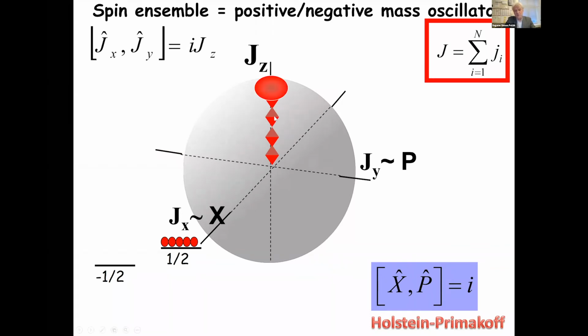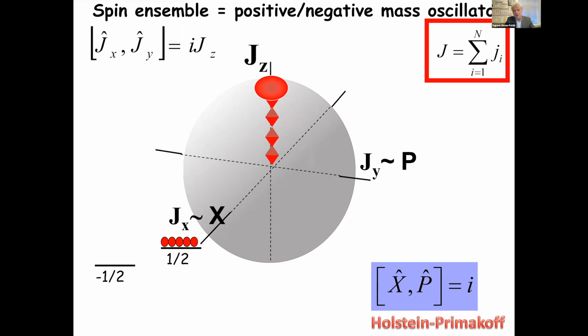And according to quantum mechanics, if I have this kind of commutator, the minimal uncertainty of the direction of this macroscopic spin will be something like the square root of the number of atoms times 1/2. So if this is, let's say, 10 to the 12 atoms, then this will be something like 10 to the 6, and the angular uncertainty will be something like 10 to the -6. So it's a small uncertainty, but it's the quantum uncertainty we deal with.